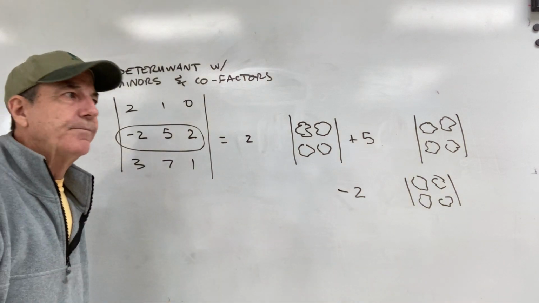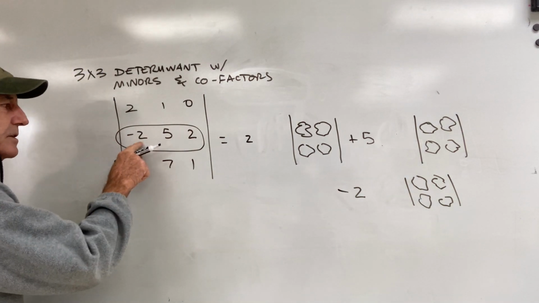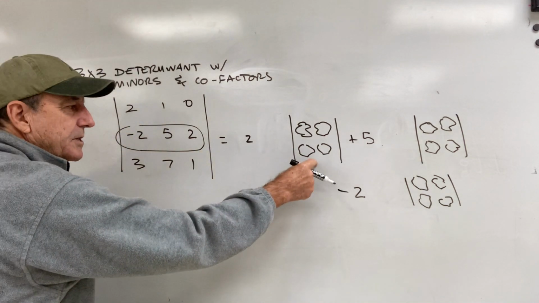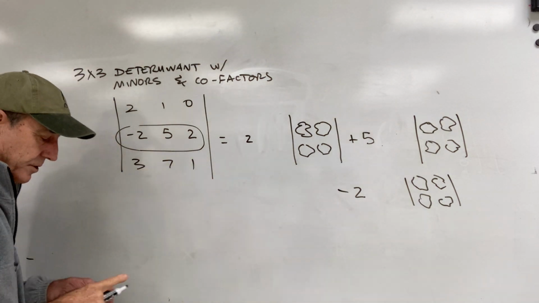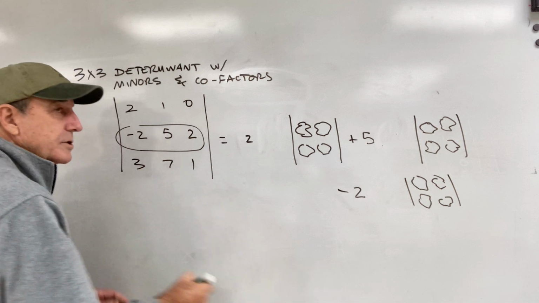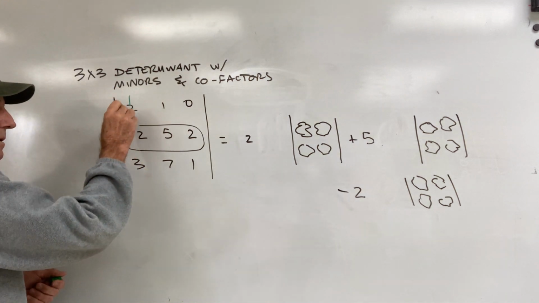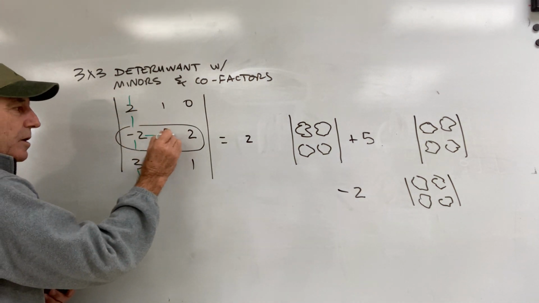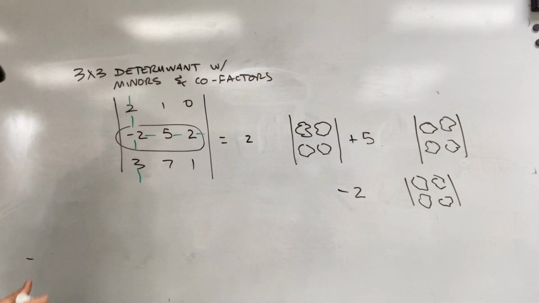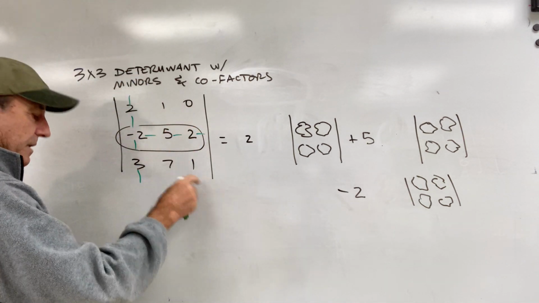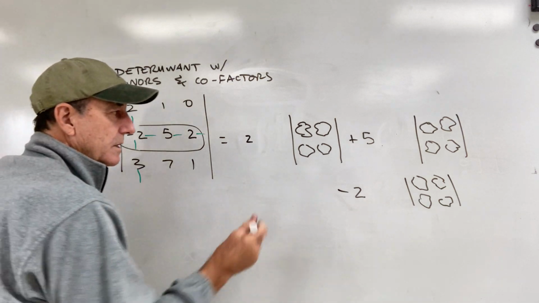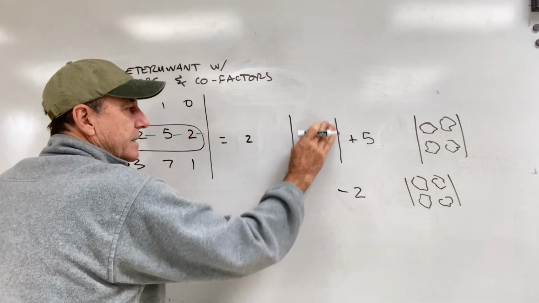Now, for the minors, if we look at just this first element, remember this is the minor that went with the negative 2. What we effectively do is we imagine crossing out this column and this row. So the first row and the first column are just marked off, and we look at the numbers that are left, 1, 0, 7, 1, and that's what goes here.